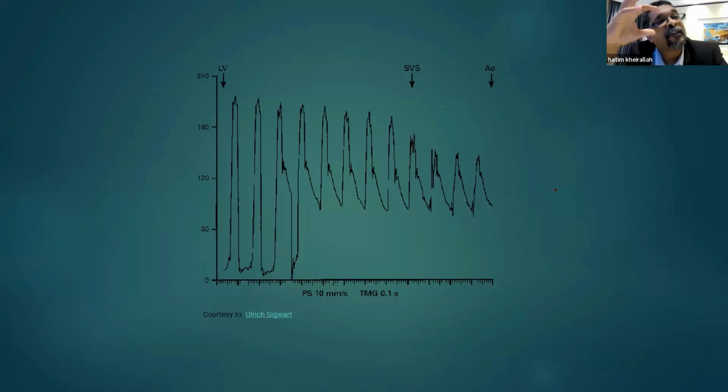But if you have simultaneous, meaning I have two or more catheters, that's why I get tracings simultaneously, LV and aorta, LV and mitral, stuff like that. So this is a pullback from the LV to the aorta.